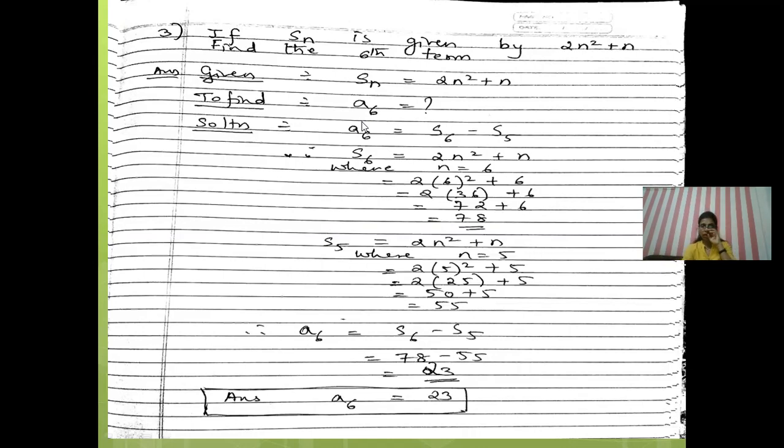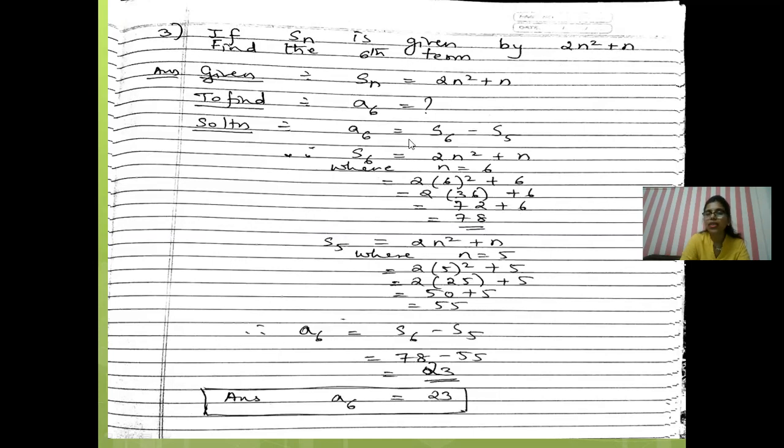So S6 minus S5. Now S6 means you have to find the value of the sum of 6 terms. S5 means you have to find the value of the sum of 5 terms. Terms we don't know, so we are going to use this equation. For S6, in the place of n, you substitute 6. So 2 into 6 square plus 6. 6 square is 36. 2 into 36, 72, plus 6, 78.